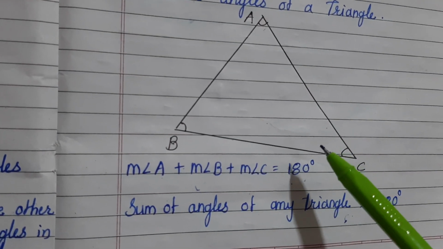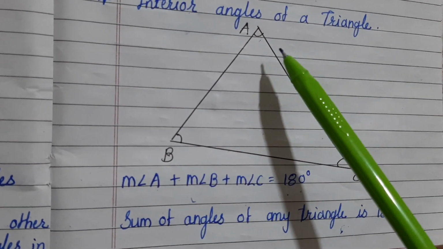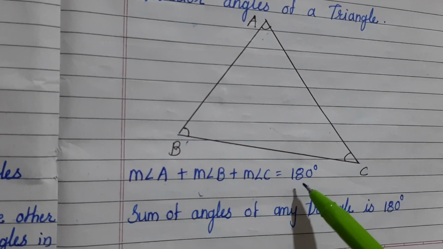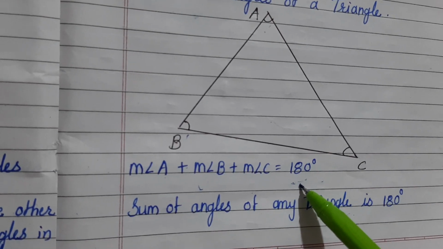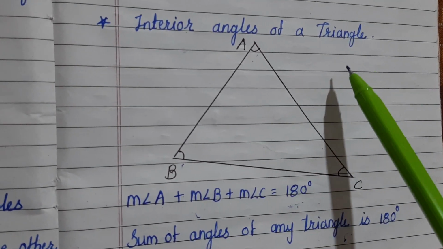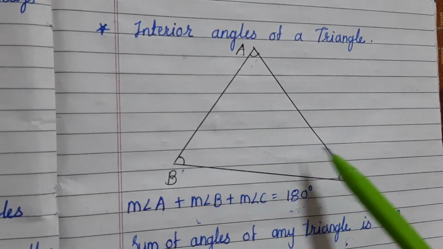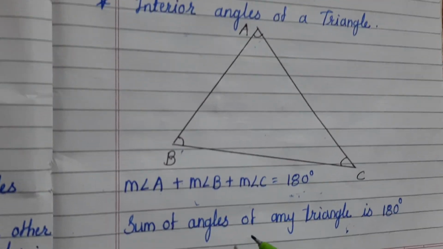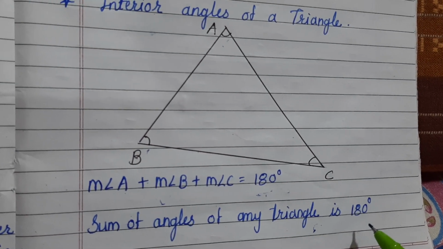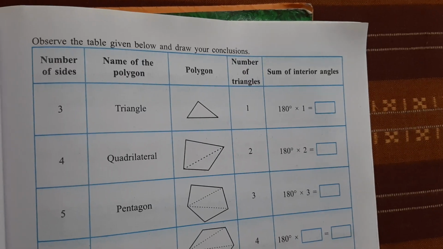Any type of triangle you can draw, the sum of all angles will give us 180 degrees. Okay, so this is a very important property of a triangle, the interior angles triangle property. The sum of the angles of any triangle is 180 degrees.